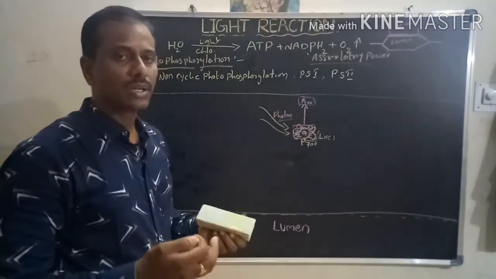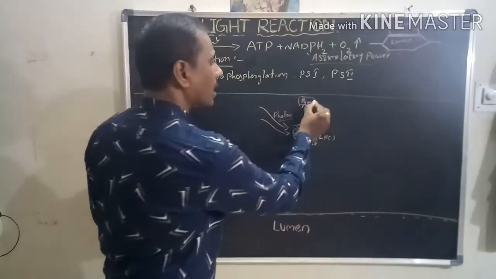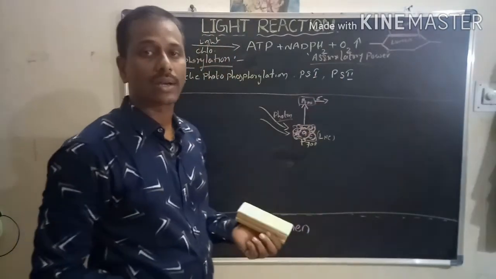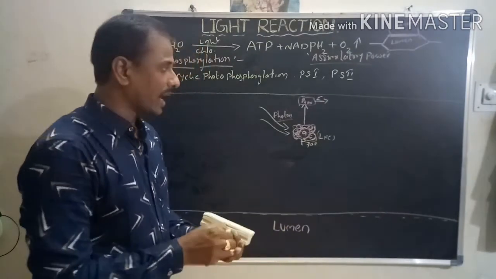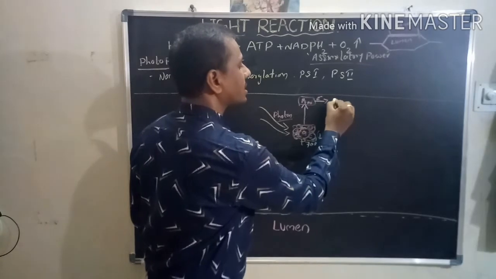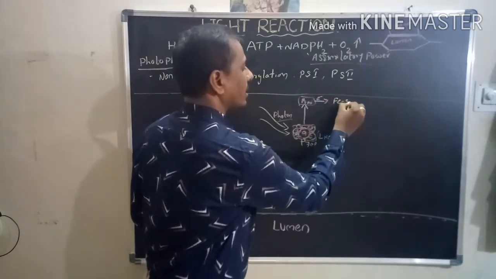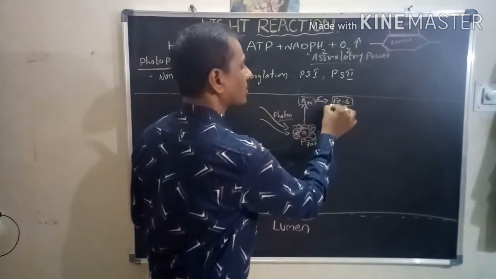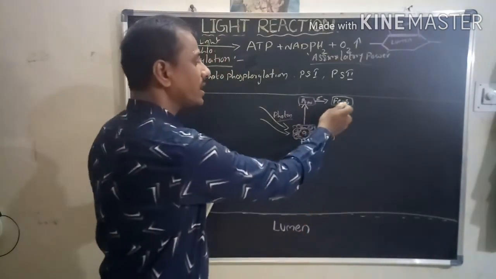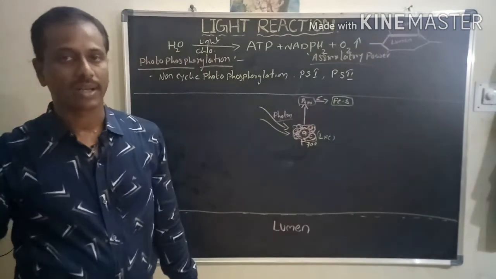When it gets energy, it is excited and releases the electron, which is an outer valency electron. The electron is released from P700. Immediately it is received by the first receiver of the electron, an iron sulfur protein, which is very near to P700.